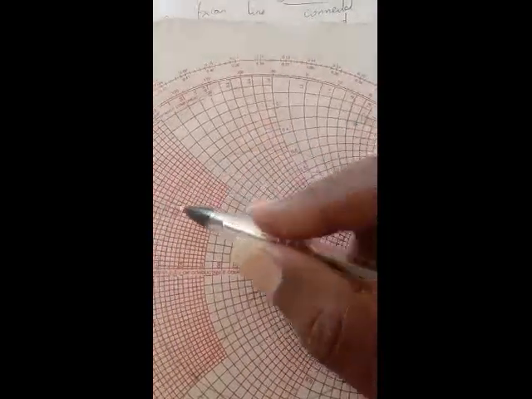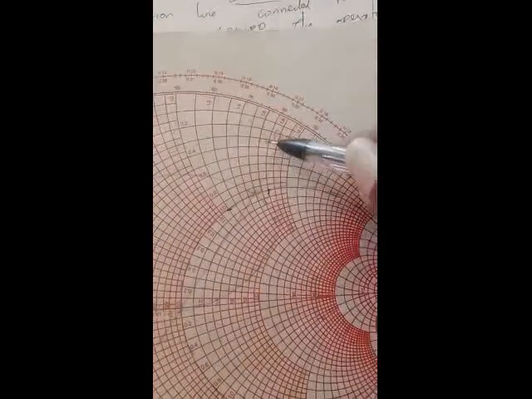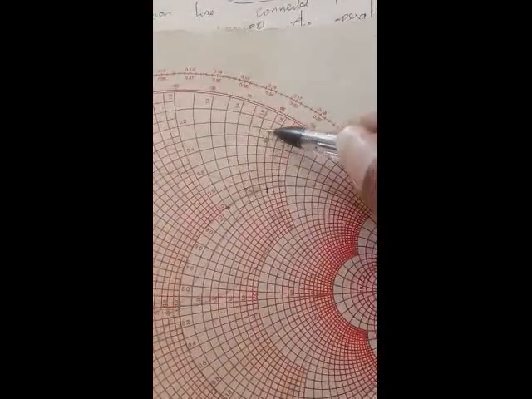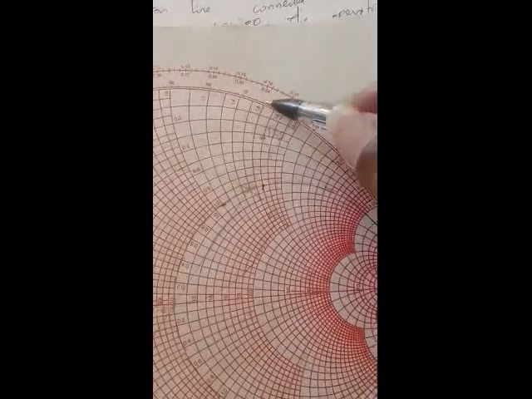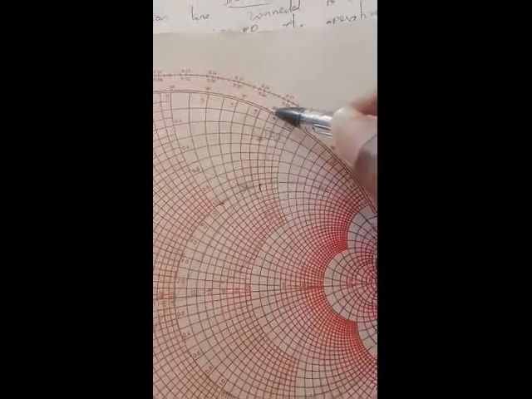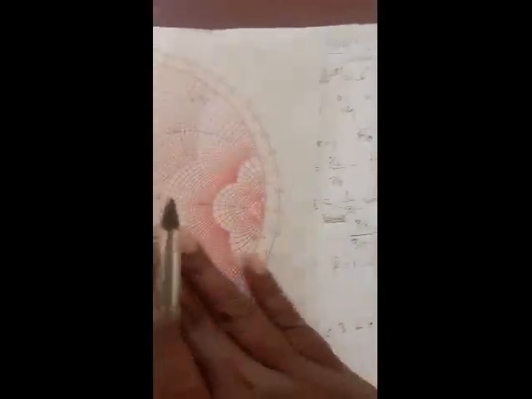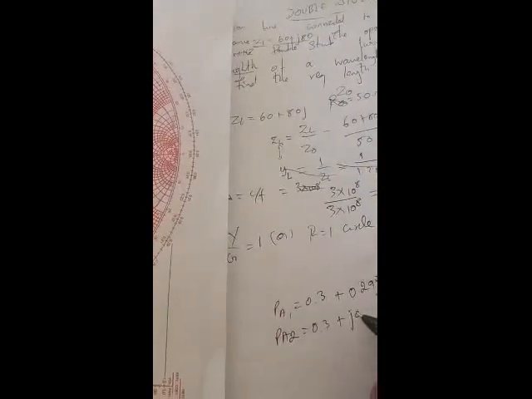Here it is 0.3 only, definitely 0.3, and then you have to go here. From here it may go up to around 1.7, because this is 1.7, 1.6, 1.8. So 1.78 like that. Okay, so we can write 1.75. So PA2 is equal to 0.3 plus J 1.75.